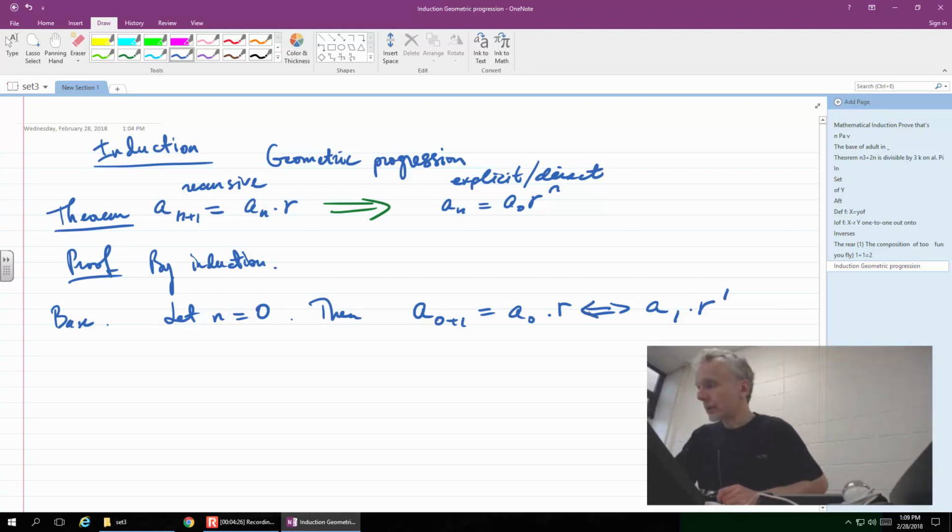It's equivalent actually. A1 is equal to A naught times R first power.